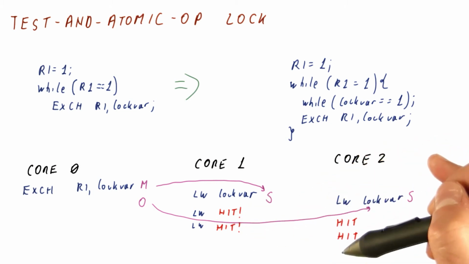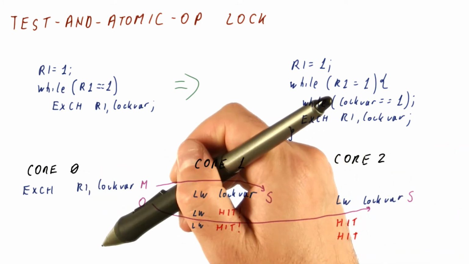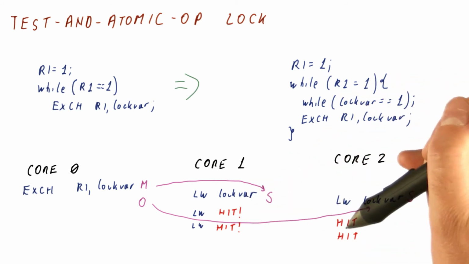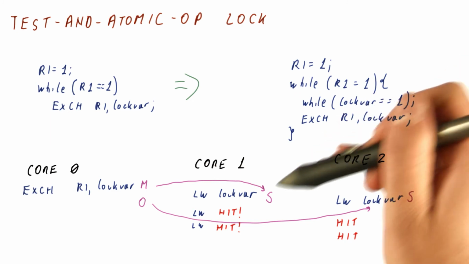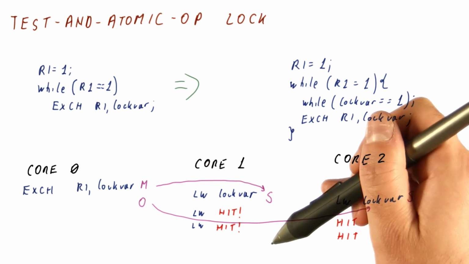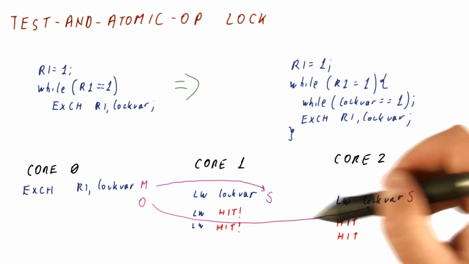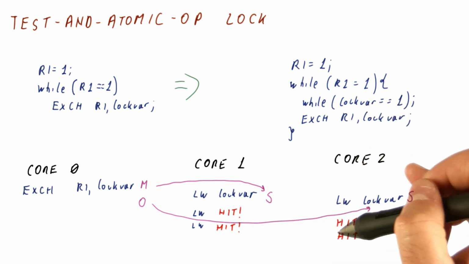And this is going to continue until core 0 releases the lock, at which point there is an invalidation, and these two will read again, see a value of 1, try to compete for it using the exchange, and so on. But those bursts of activity really happen only when they're actually trying to acquire the lock. As long as the lock is really busy, they just keep using normal loads in this loop. So this is much more energy efficient.